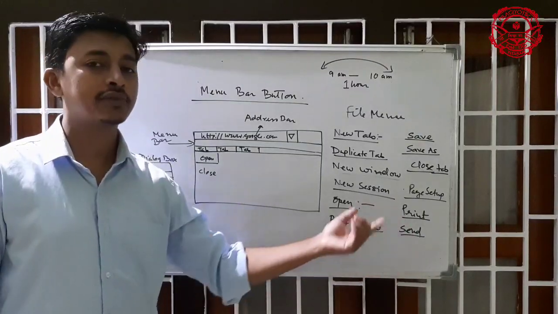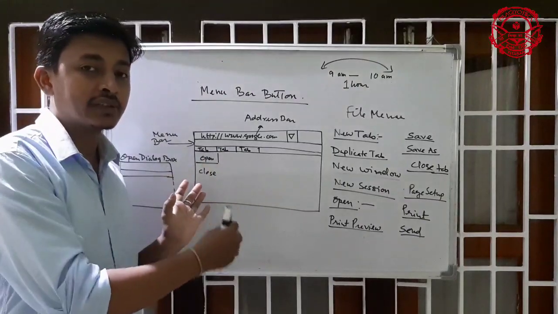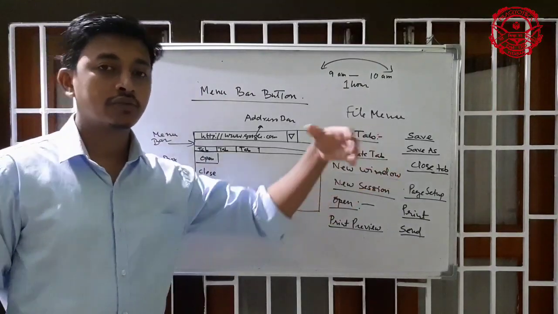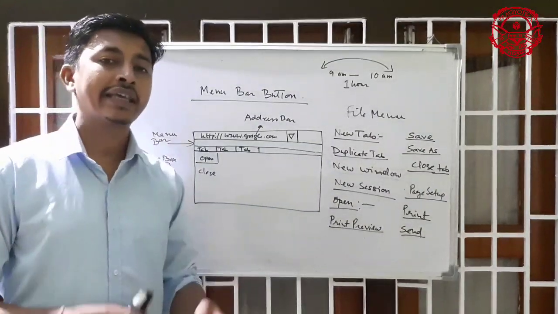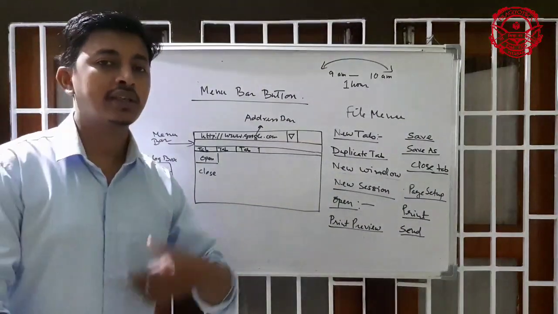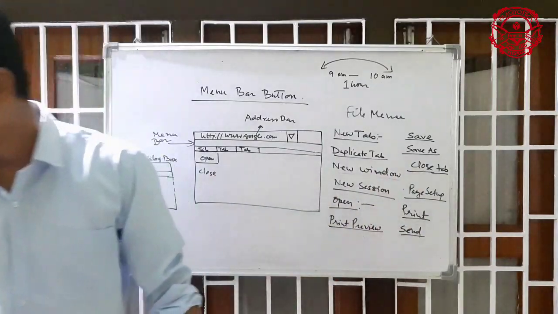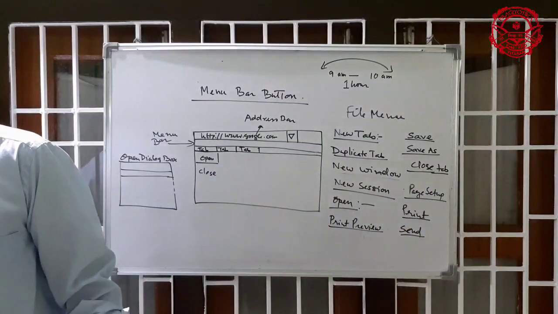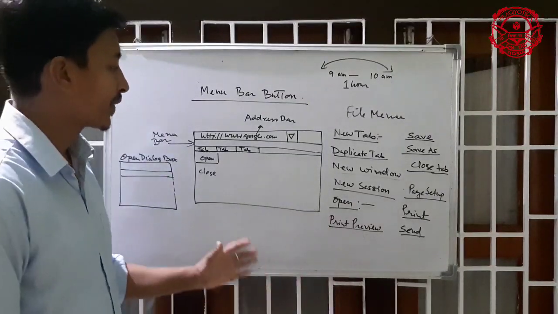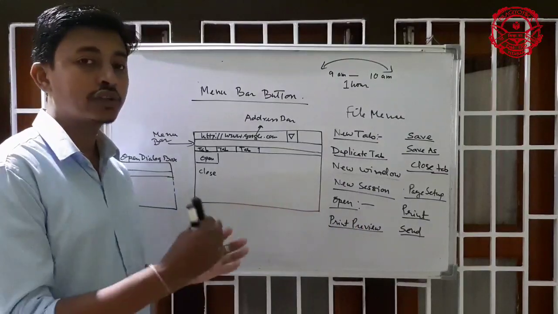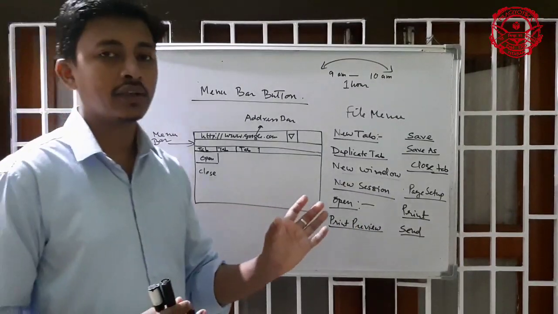When you click the send option, it will automatically send the whole web page content as a mail to that particular person. But you have to know the email ID of that person so that you can send the file to your friend. It also creates a shortcut of the document on the desktop. Shortcut means a shortcut way.